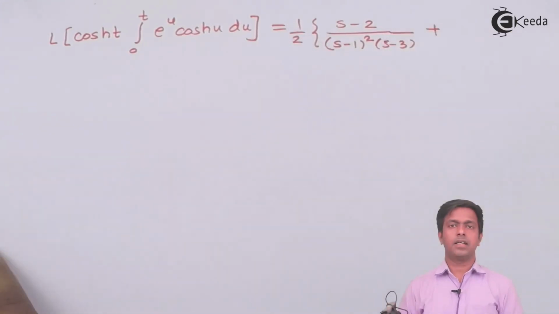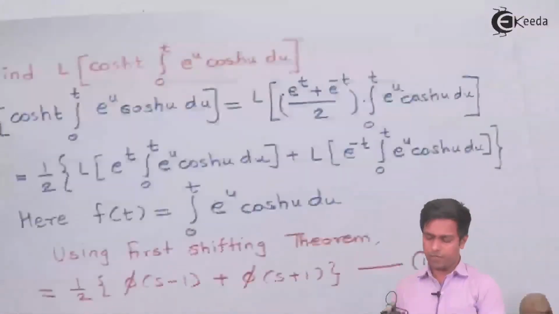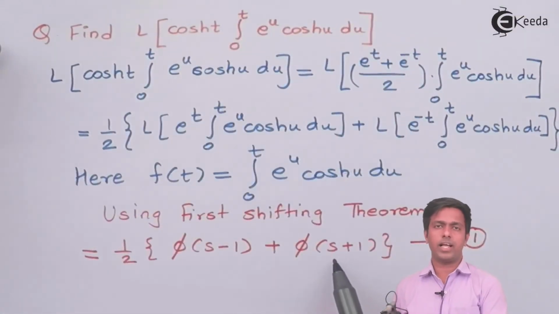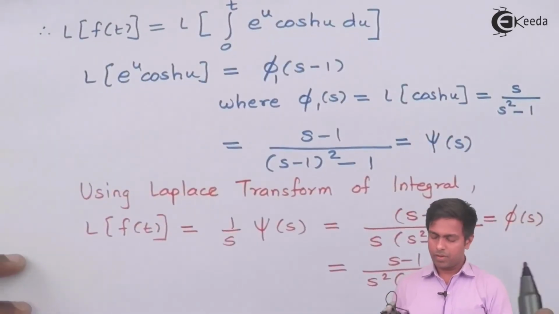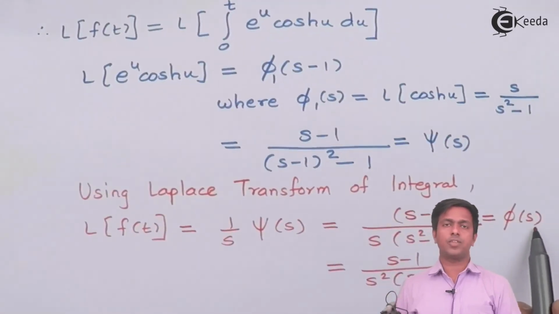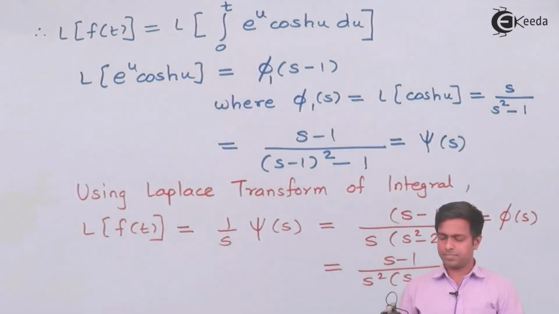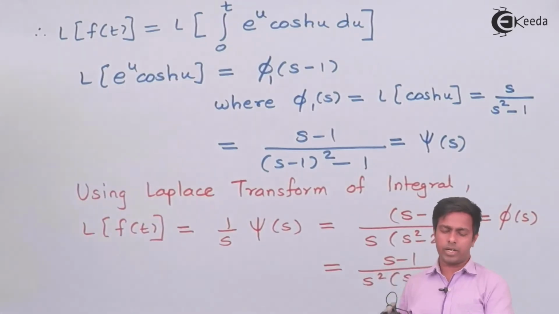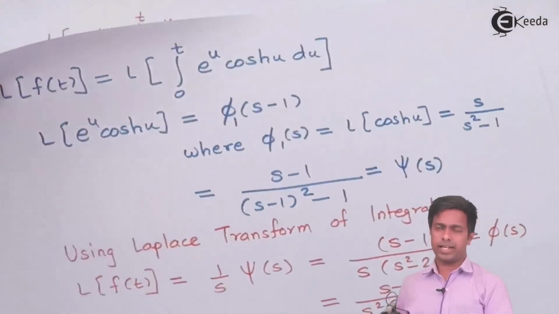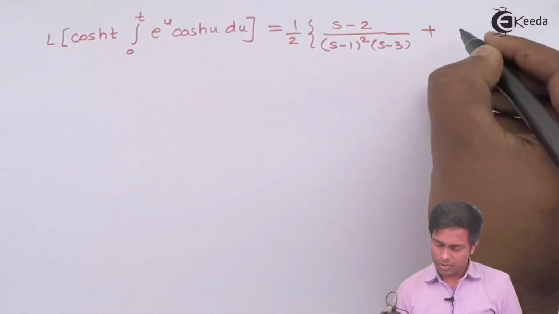plus, now let's find the value of phi of s plus 1, and for that we will replace this s in phi of s with s plus 1. So now this will become s plus 1 minus 1, 1 and 1 cancel, so we will get s. Here I'll write down that term.